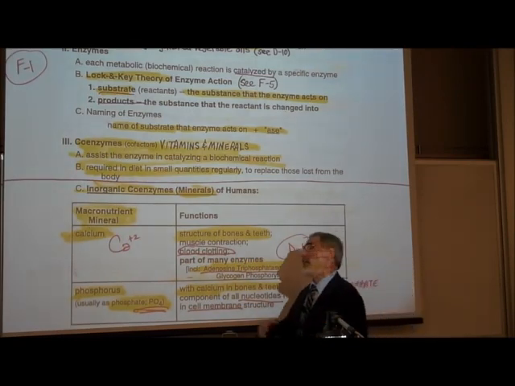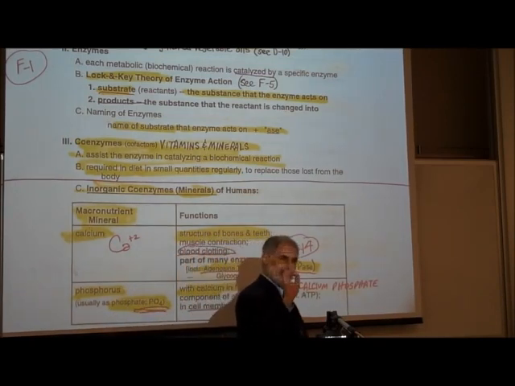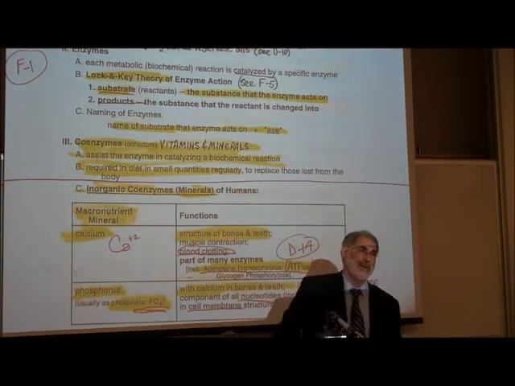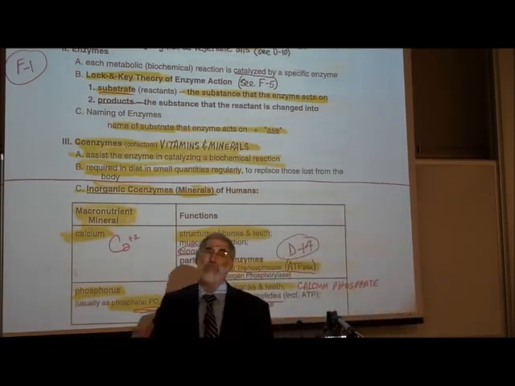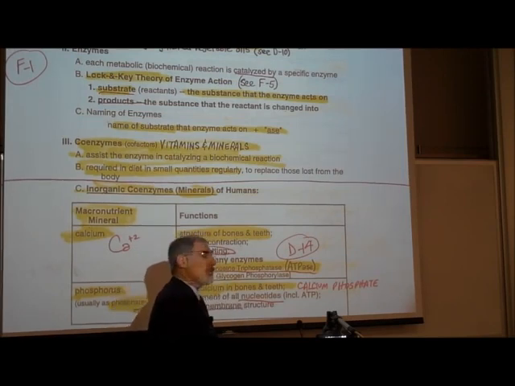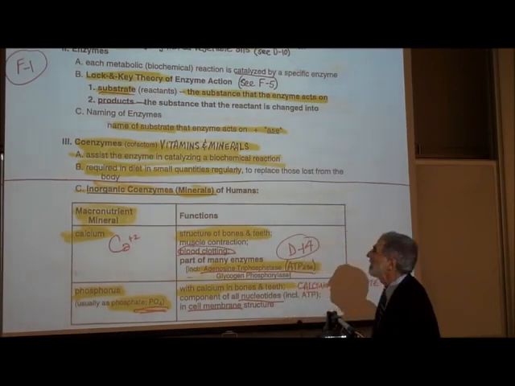Similarly, to catalyze a simple chemical reaction just requires an enzyme. But to catalyze a more complicated chemical reaction may require both an enzyme and a helper, a coenzyme. Who are the coenzymes? Vitamins and minerals. That's what vitamins and minerals are.